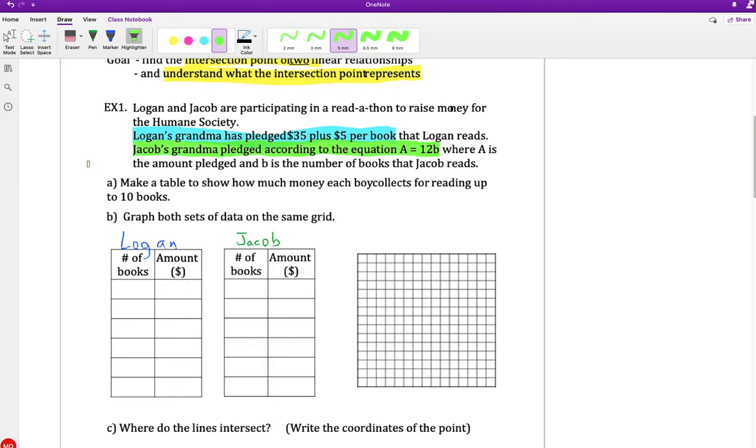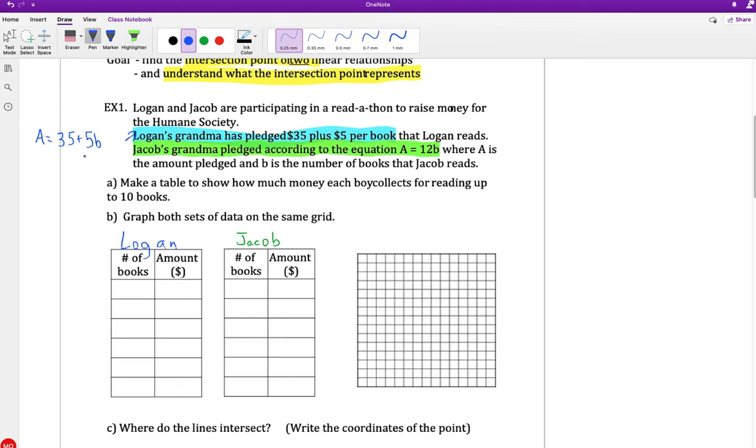Now let's go back to Logan here and try to write a formula for him. Logan's grandma pledges $35 plus $5 per book read, so our amount is going to equal 35 plus $5 per book.